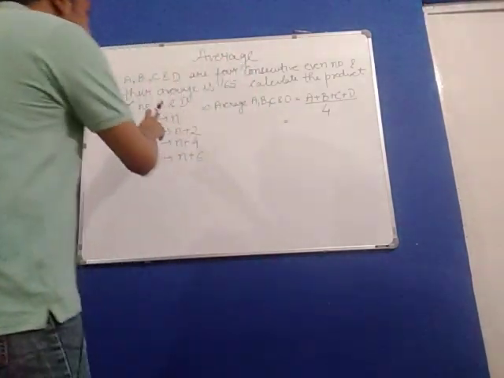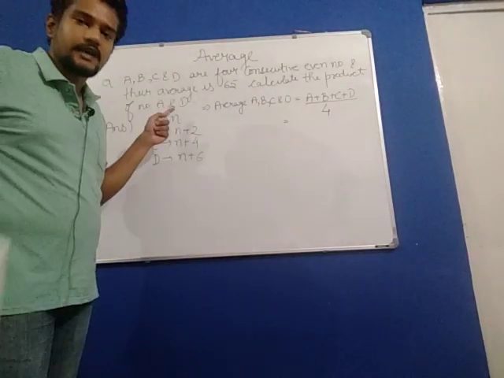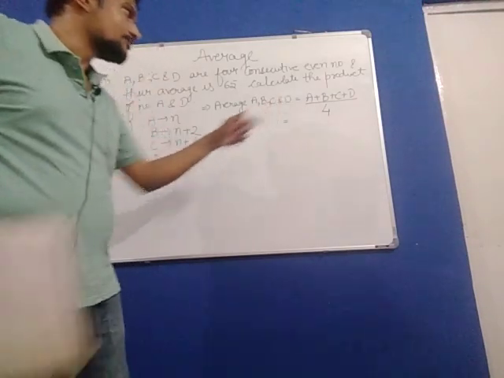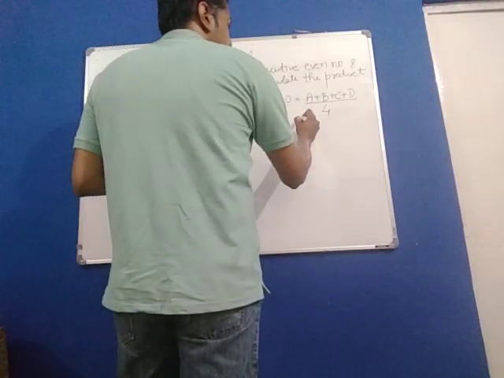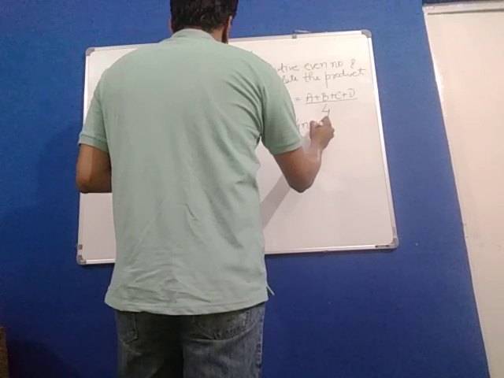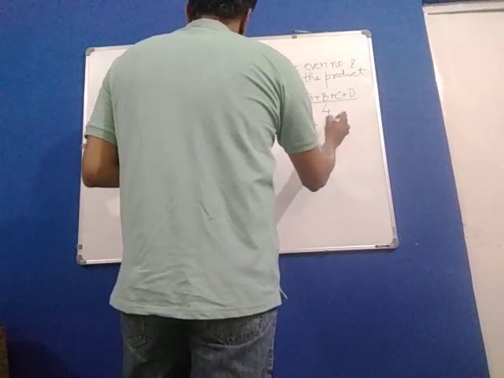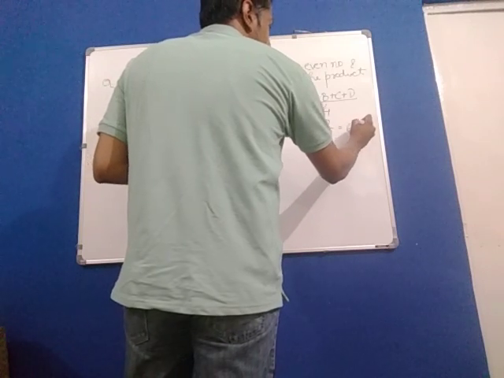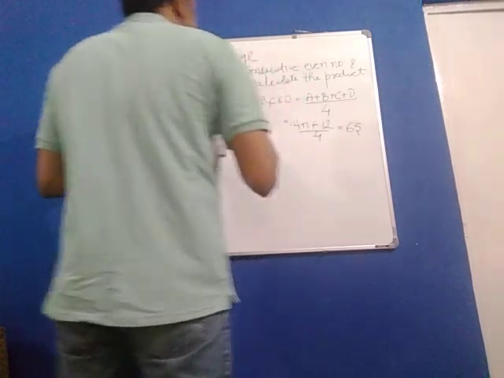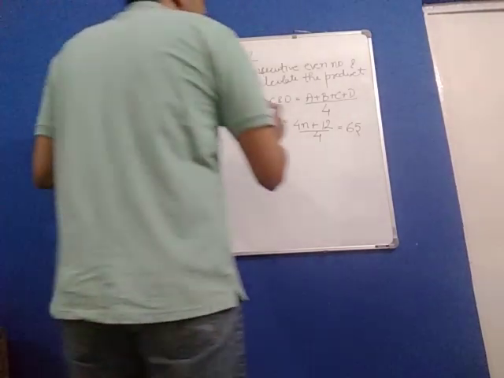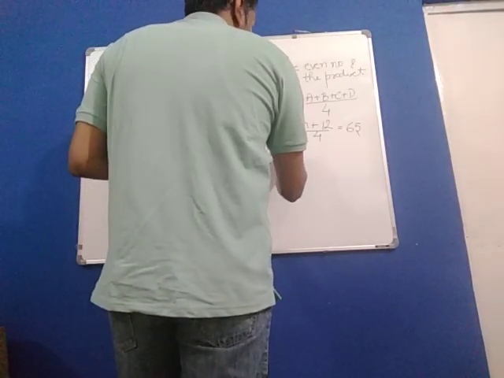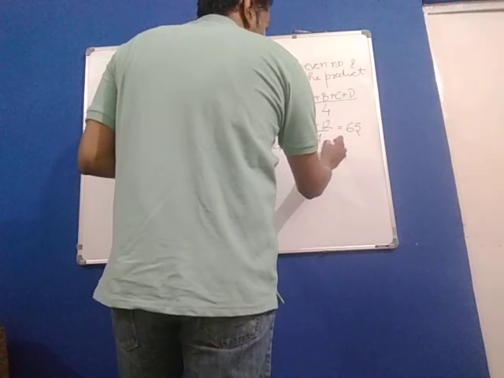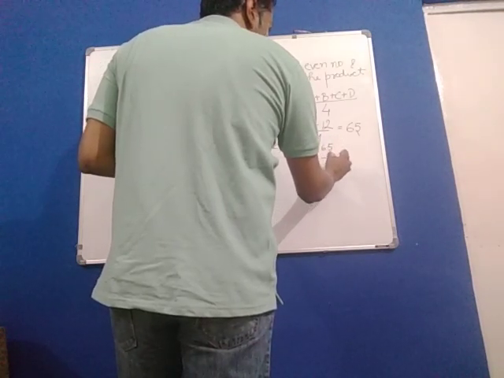Now if we substitute A, B, C and D as n, n plus 2, n plus 4 and n plus 6 in this formula, we will get 4n plus 12 upon 4, and we are given that the average of these four numbers is 65. So from here we can calculate the value of n. 4n plus 12 is equal to 65 into 4.